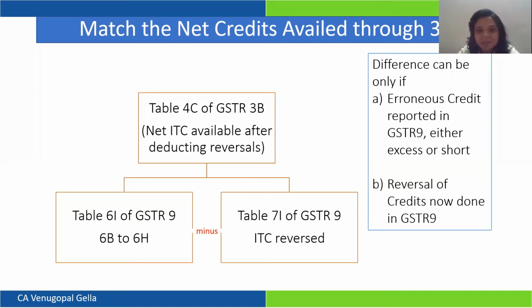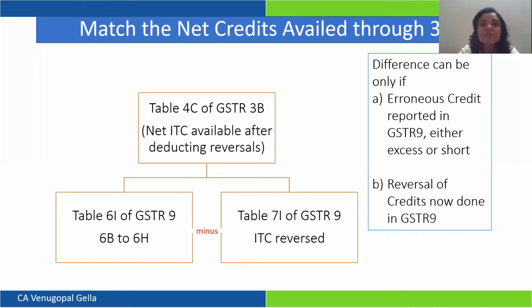However, if it is not the same, what would be the difference? The differences can be only if there are erroneous credits reported in GSTR-9, either excess reported or short reported, or reversal of credits now done in GSTR-9. Ideally, all the credits that are availed in 3B and only the credits availed in 3B, whether they're availed correctly or incorrectly, have to be reported in GSTR-9.